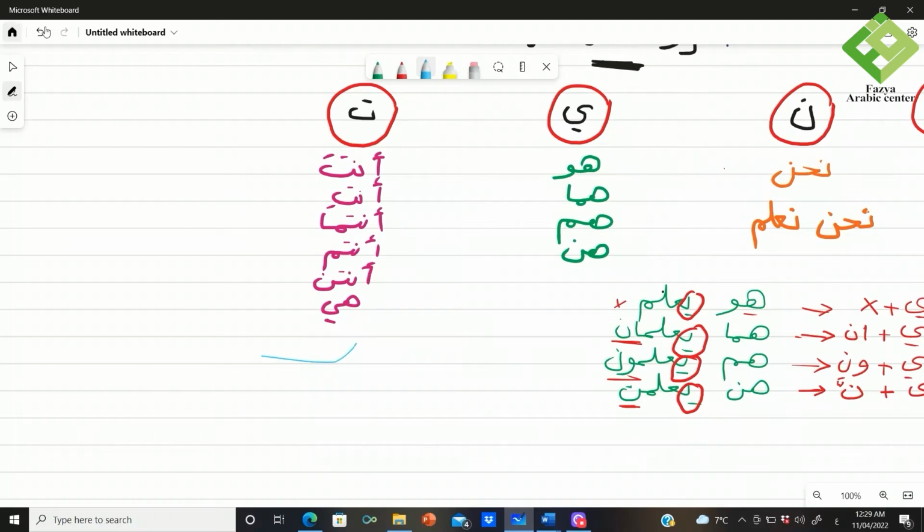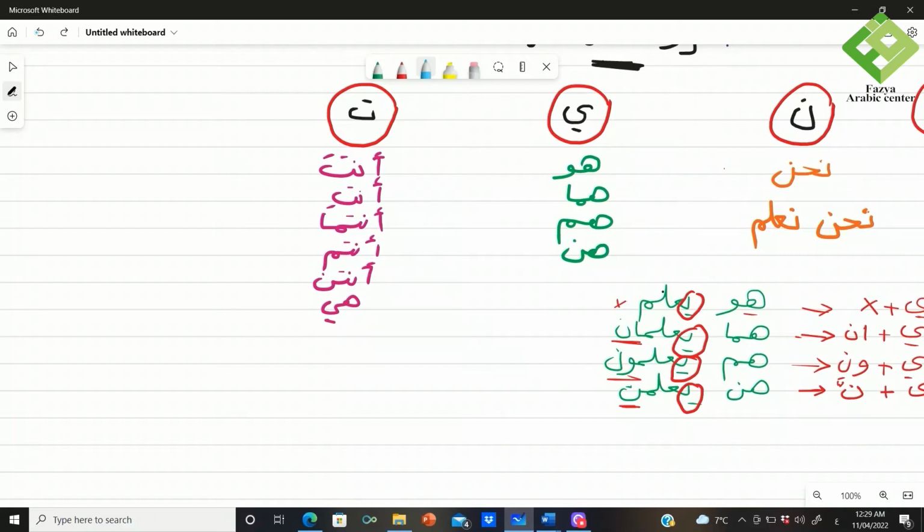Let us have a look now at the other way of conjugating the forms for those 6 forms. So anta, all those conjugation forms are going to mean that we start with the ta.